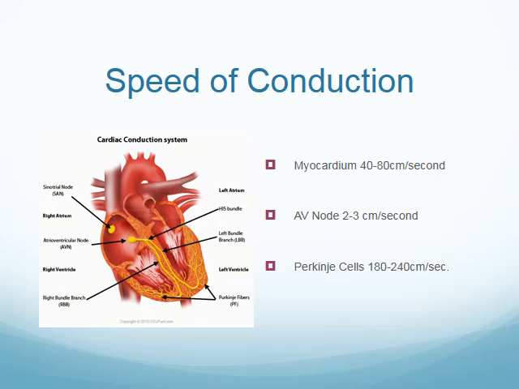If that impulse traveled down without slowing, we would in essence have depolarization of the ventricles and the atria at basically the same time. They're going to be pumping against each other, and pumping is not going to be effective. So that's why we have the AV node slow everything down for a split second, and then allow that stimulus to travel down and depolarize the ventricles after the atria have already been depolarized.